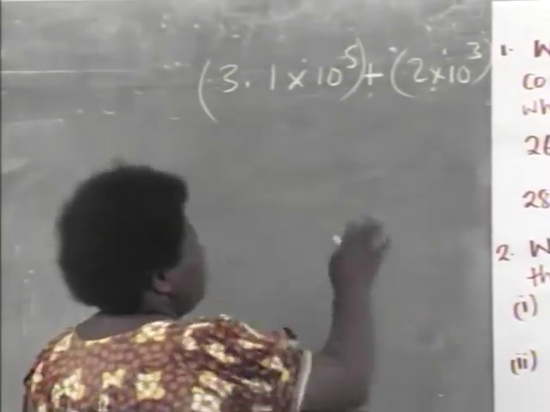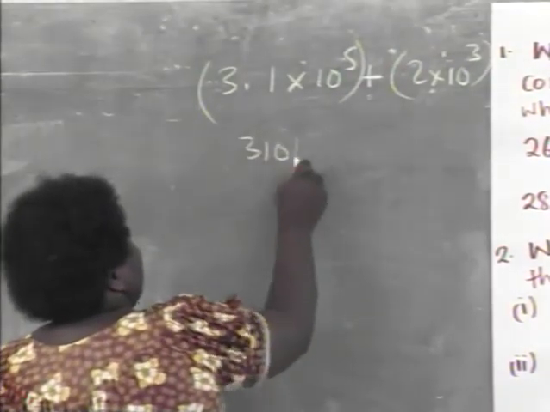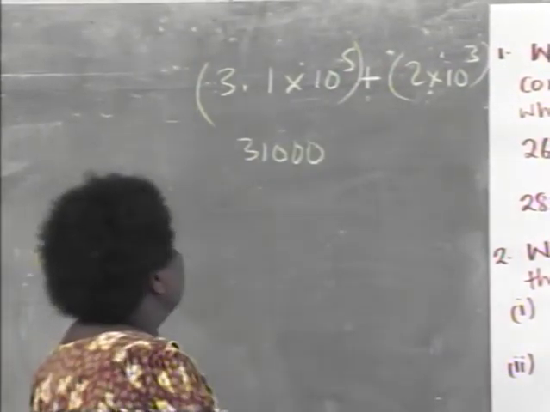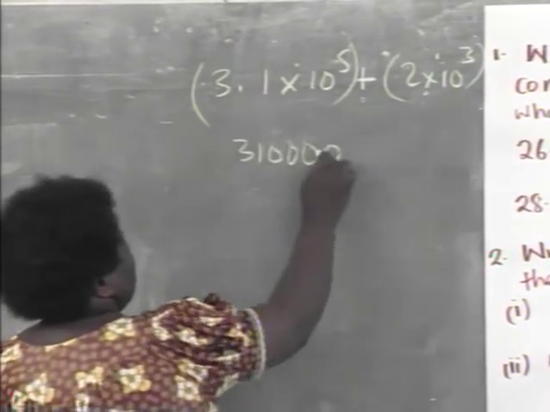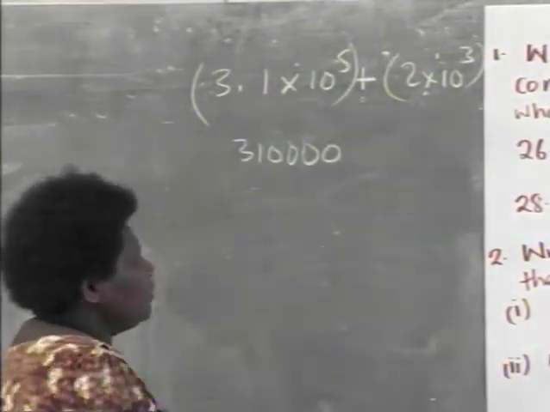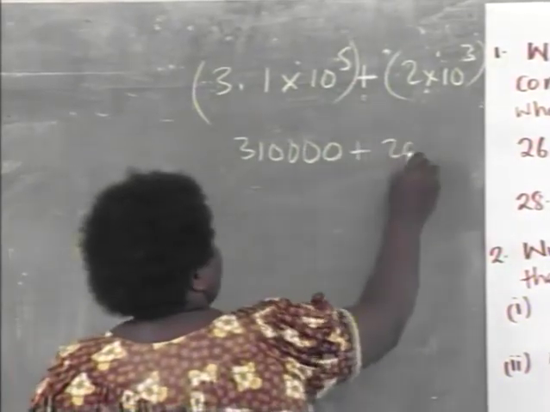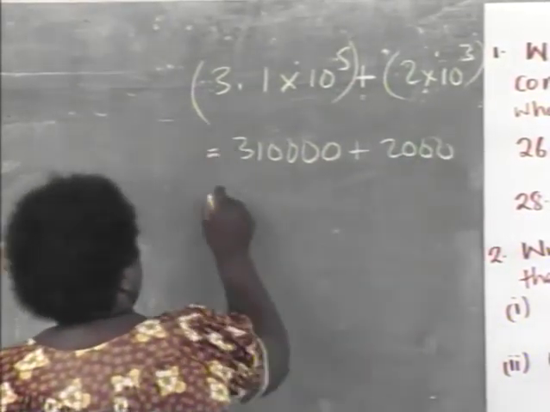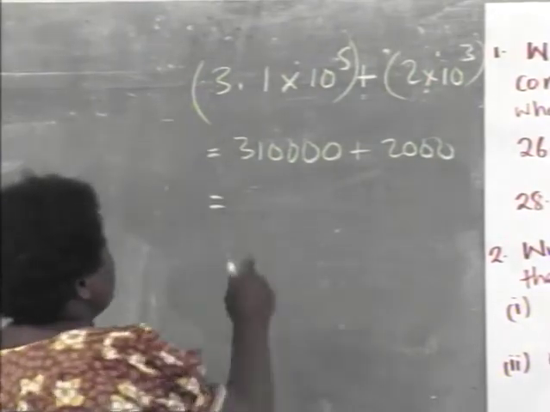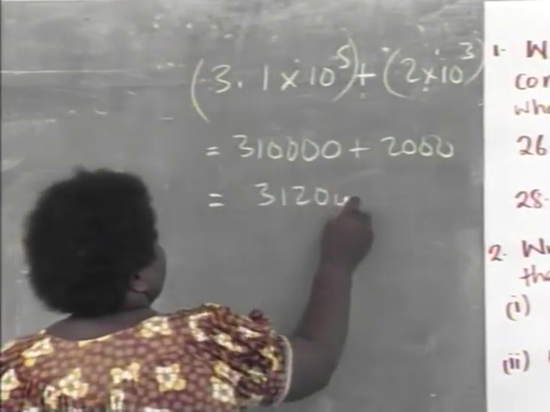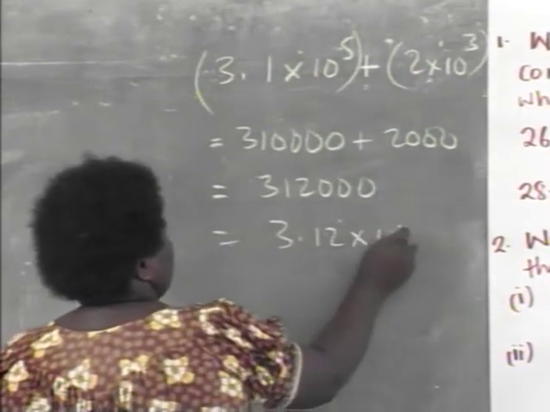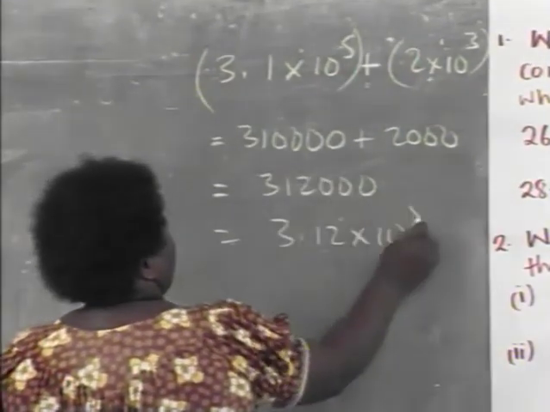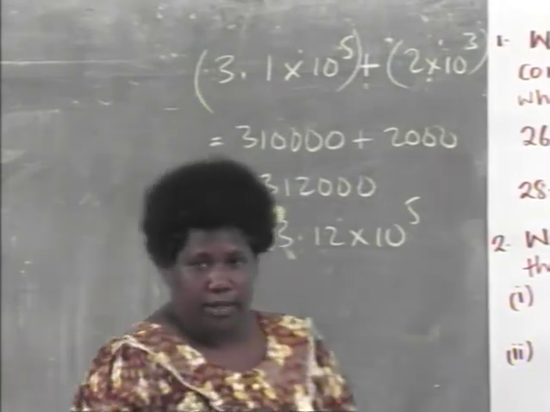Then you will have to write this as 310,000 plus 2,000, which will be 312,000, which is 3.12 times 10 to the power of 5, which is the answer that Tau gave.